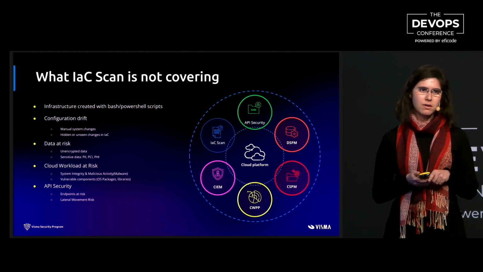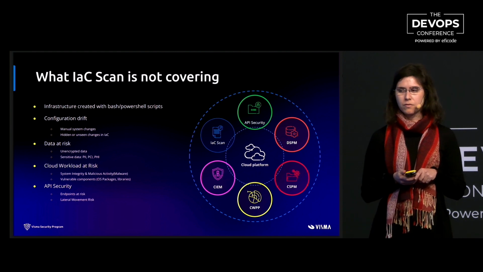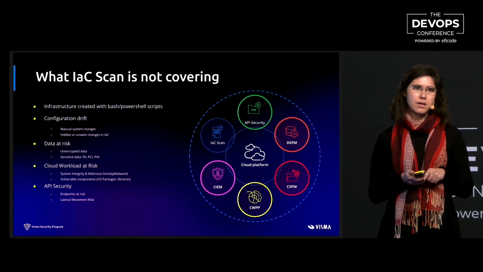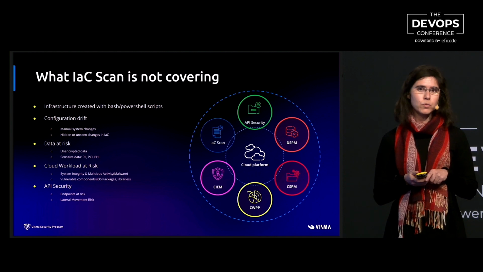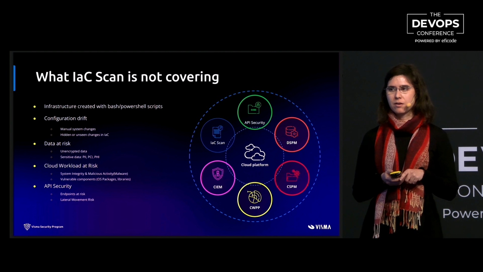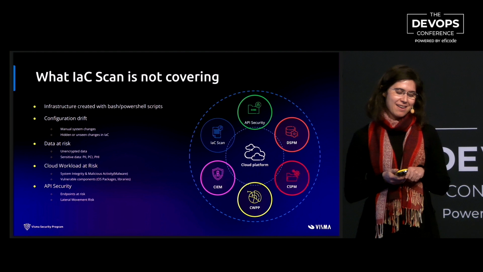Infrastructure as code is not covering the drift. So if someone is doing a manual modification and not via the code, you are not covered for security. You cannot know if your unencrypted data is PII, PCI, PHI, and so on. So for this, you will need a fuller cloud security solution, like a CNAPP platform.